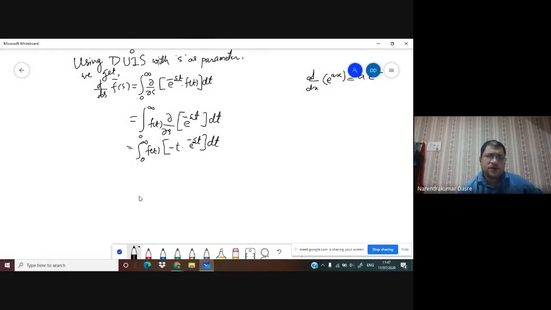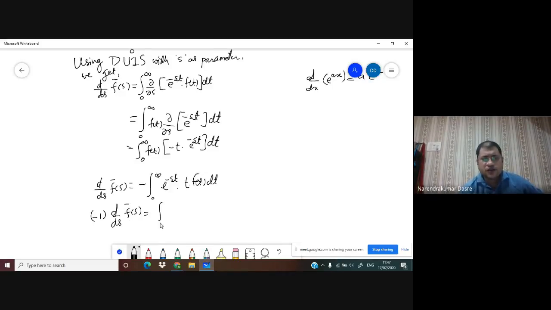Now, if I simplify this, I can take this minus outside, then I'll be having 0 to infinity e raised to minus st t into f of t dt. Okay, so here what we have obtained is d by ds of f bar of s. This minus sign I can take on the other hand side. So I'll write minus 1 d by ds of f bar of s is equal to integral 0 to infinity e raised to minus st t into f of t dt.